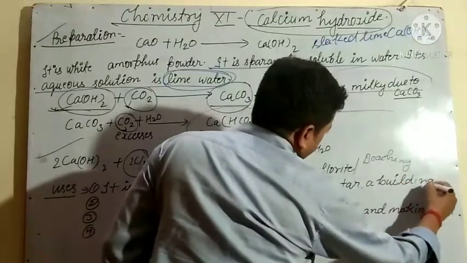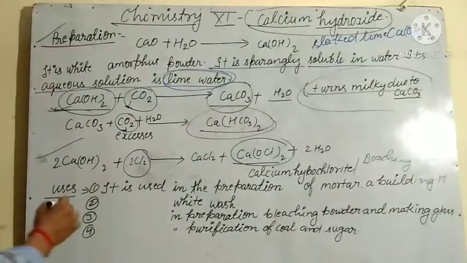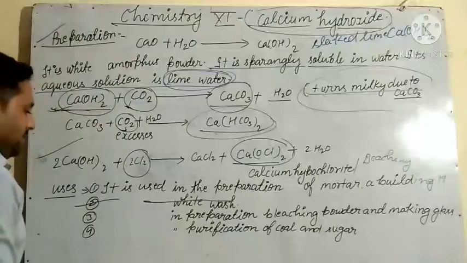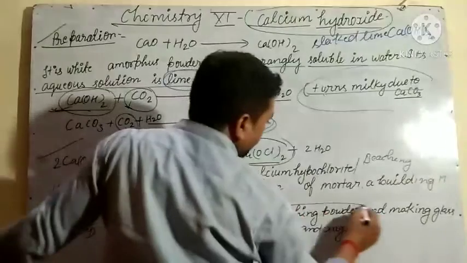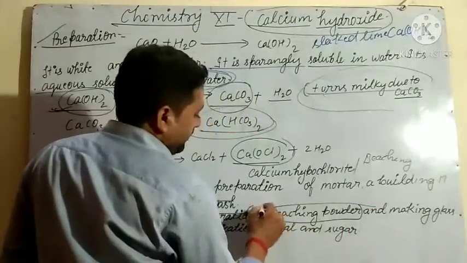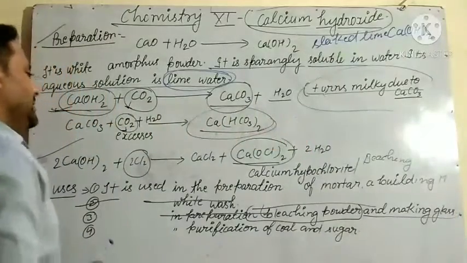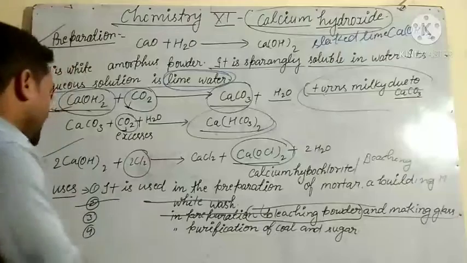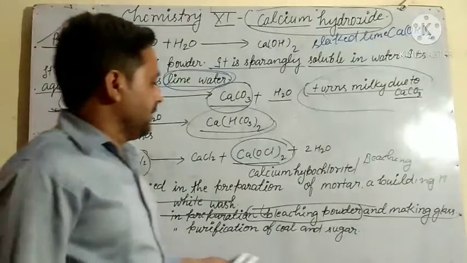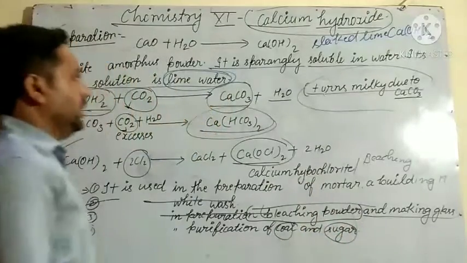It is used in the preparation of bleaching powder and in making glass. And last, it is used for purification of coal and sugar.